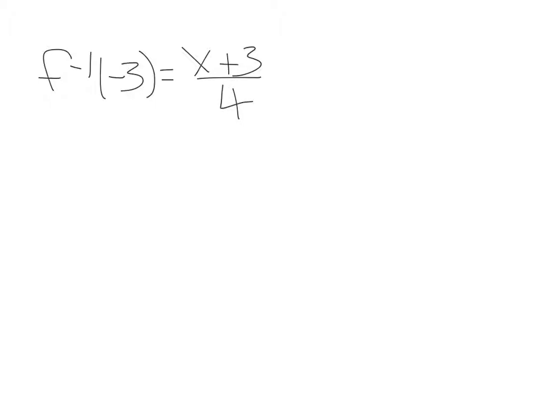This example is similar to the last one, except we just have to switch the 5 with the negative 3. So the inverse of negative 3: you write out the inverse equation that we found, (x + 3) / 4. And then you switch out the x with the negative 3.